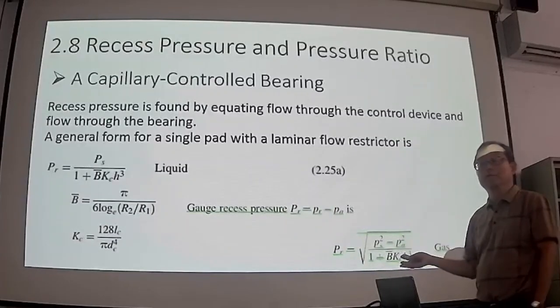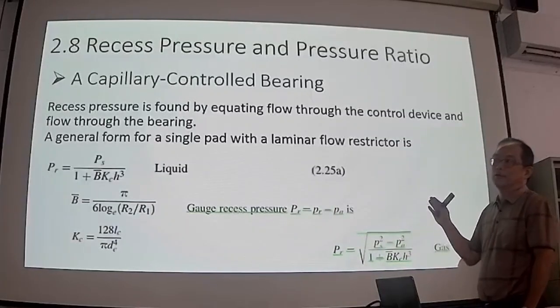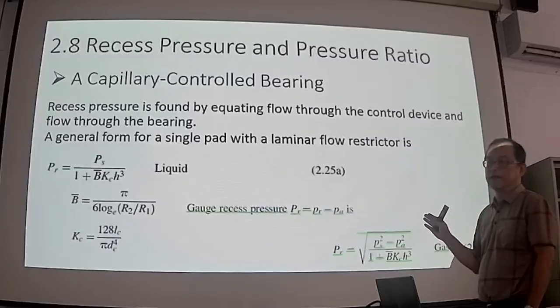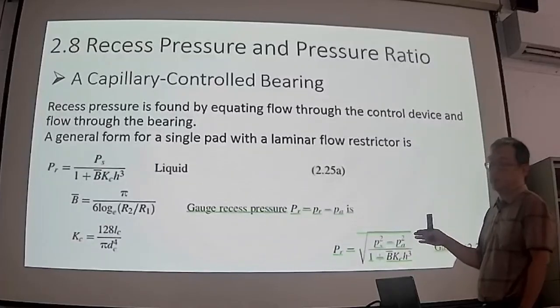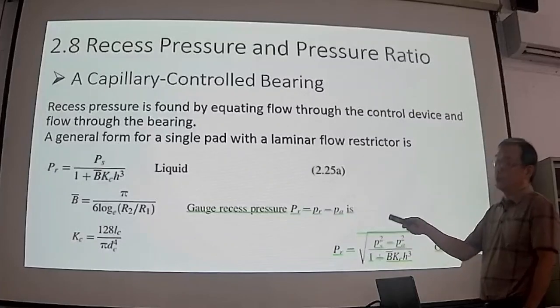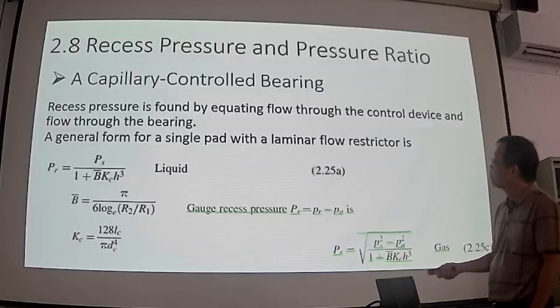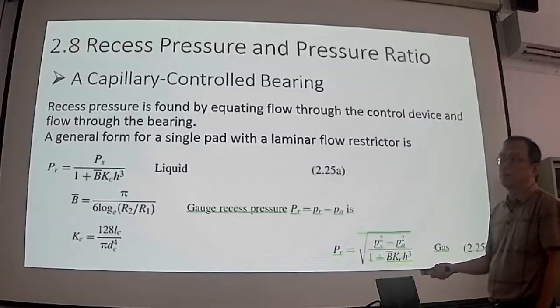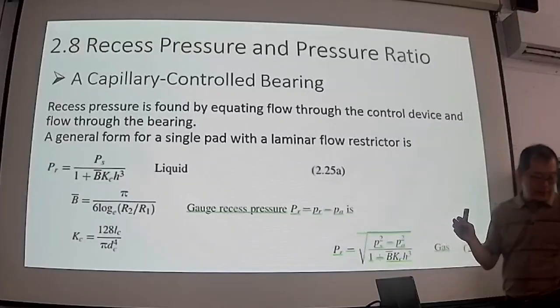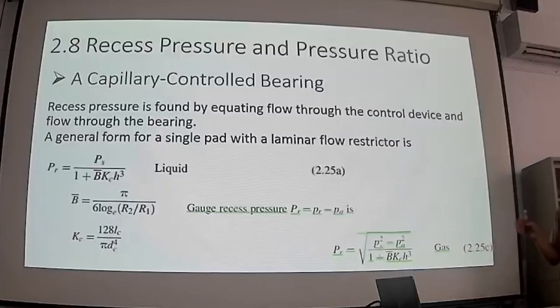Or if you choose your bearing pad design with the orifice restrictor, you can also calculate the PR for the orifice restrictor. But later we will discuss why you can choose a different restrictor for the design.